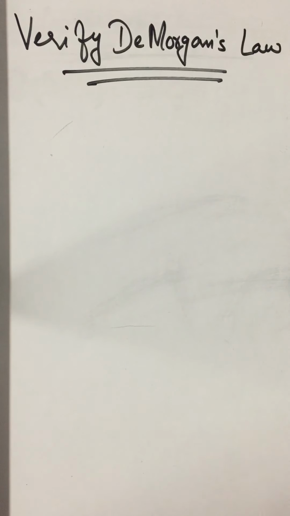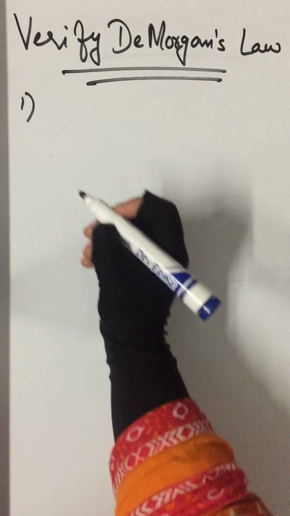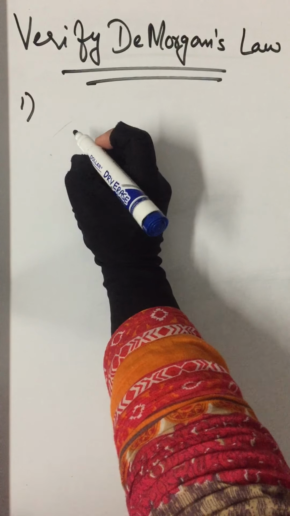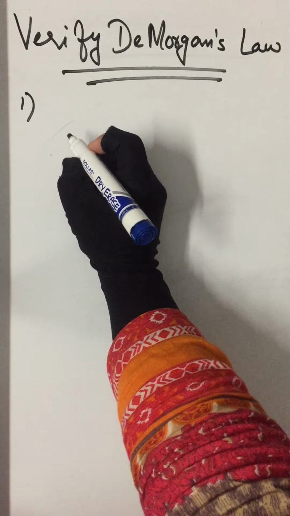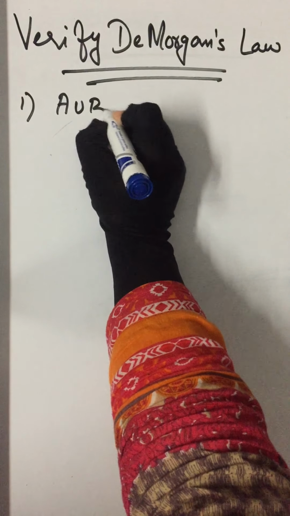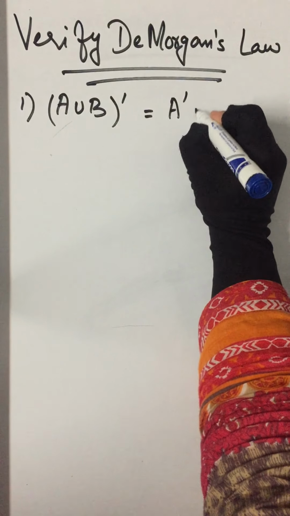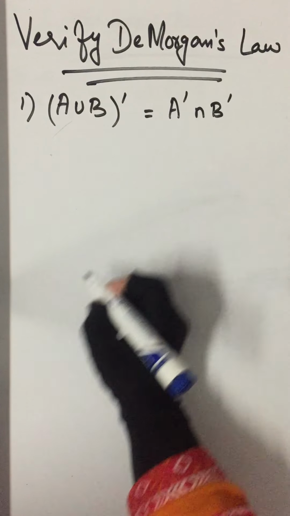Verify De Morgan's law. What is De Morgan's law? There are two laws which are popular as De Morgan's law. The first one is (A union B) whole complement is equal to A complement intersection B complement.